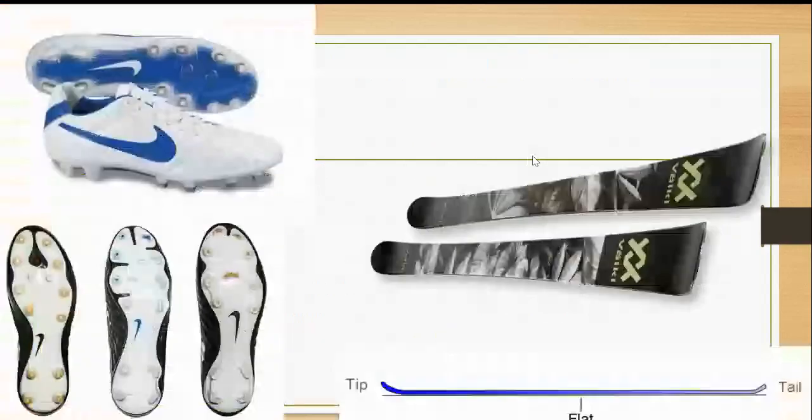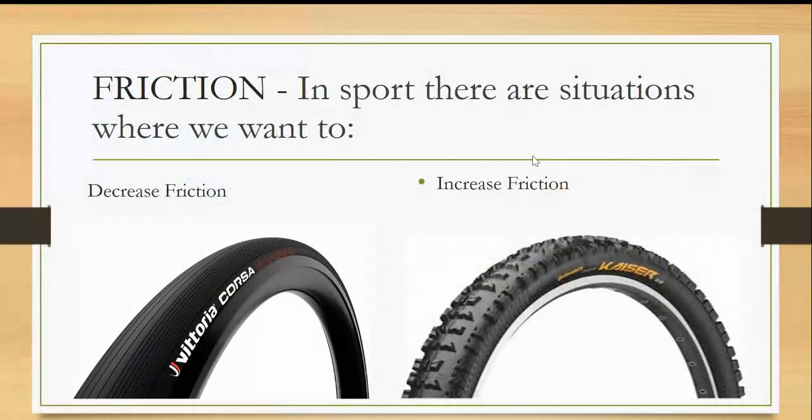So you can see very clearly, the smoother it is, the more easily it's going to glide over that surface, whereas if it's rough, it's going to really claw into that surface and really slow it down. So depending on what the purpose and the objective is, it depends on whether you want to increase or decrease it. Just another couple of examples. Look at the tire difference between a road bike or race bike on the left and a mountain bike on the right.